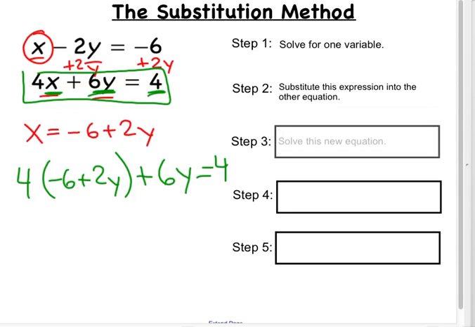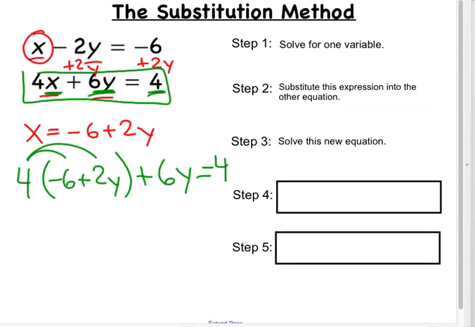Step 3 tells me to solve this new equation. So we're going to use methods that we learned before. The first step is usually the distributive property, because when we substitute, we want to make sure we put parentheses. So 4 times -6 is -24, plus 8y plus 6y equals 4. And let's keep going.